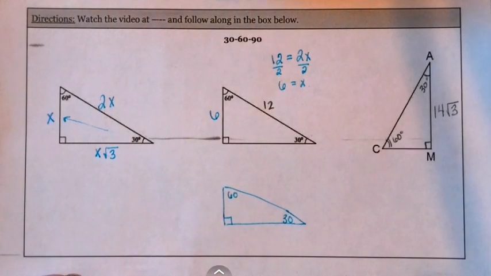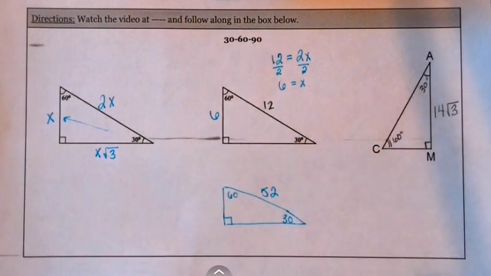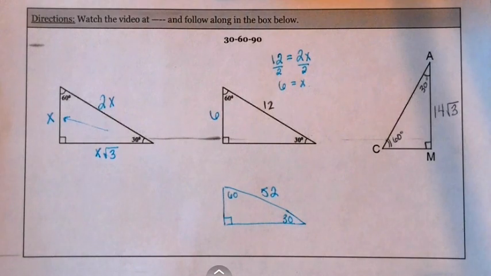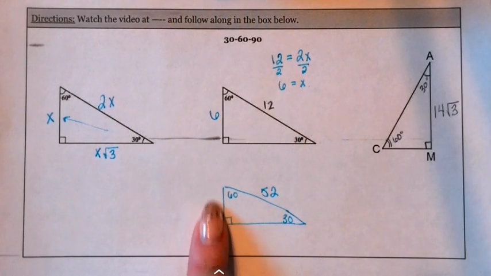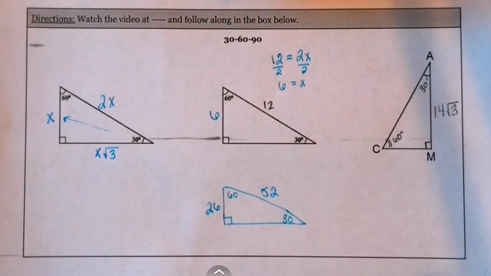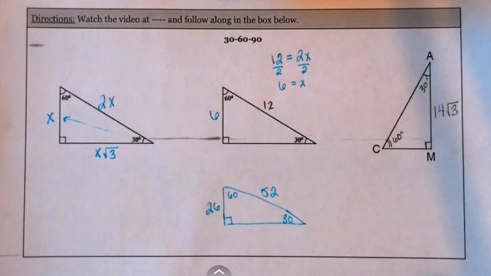If my hypotenuse is, let's just think of a number, 52, then half of that would be the side across from 30 degrees. Half of 52 is 26. So I always take my hypotenuse and cut it in half to get the short side. If I'm given the short side, I multiply by 2 to get my hypotenuse.